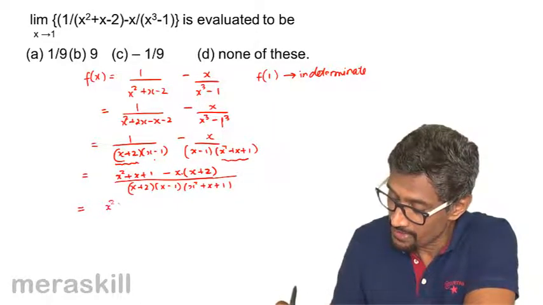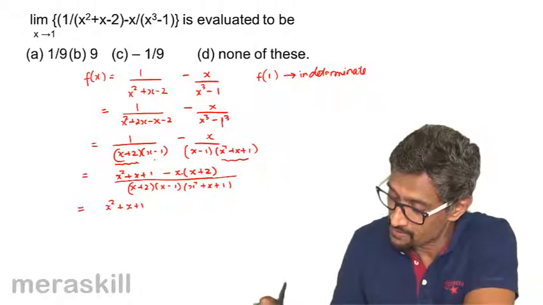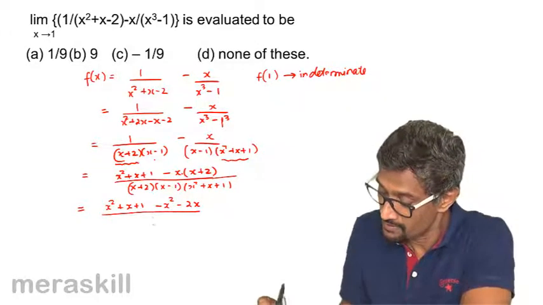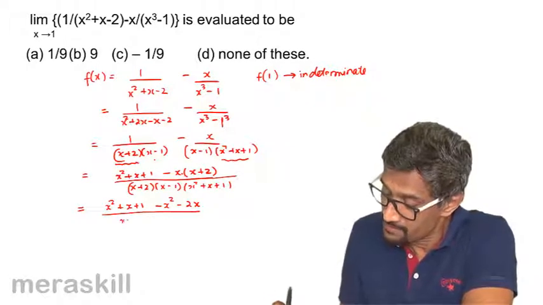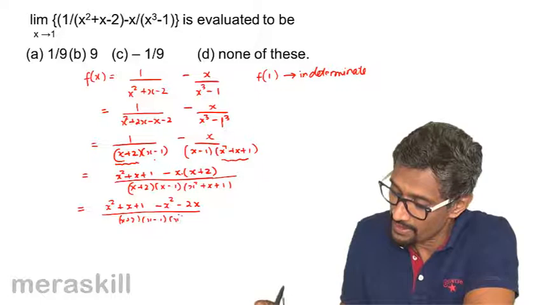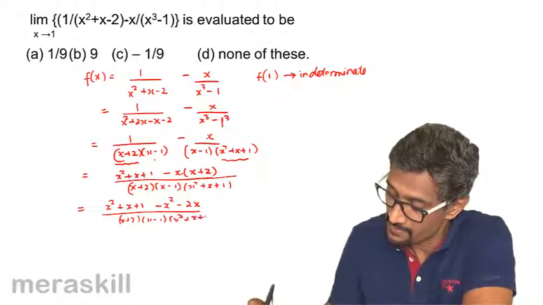This turns out to be x squared plus x plus 1 minus x squared minus 2x, upon (x plus 2) into (x minus 1) into (x squared plus x plus 1).